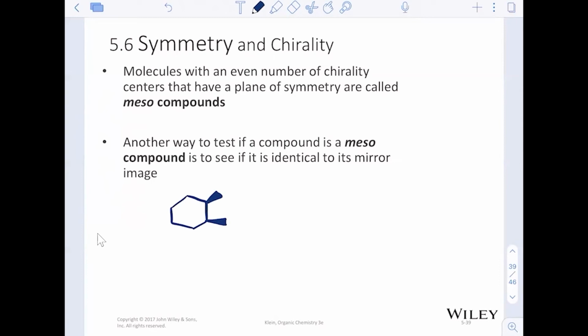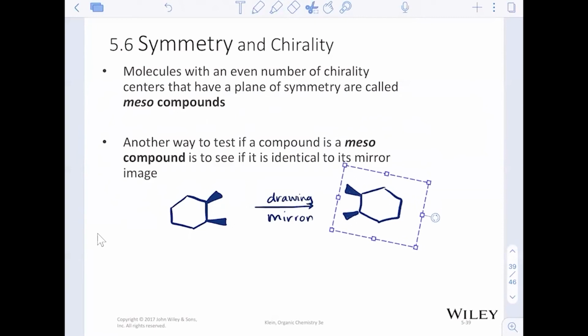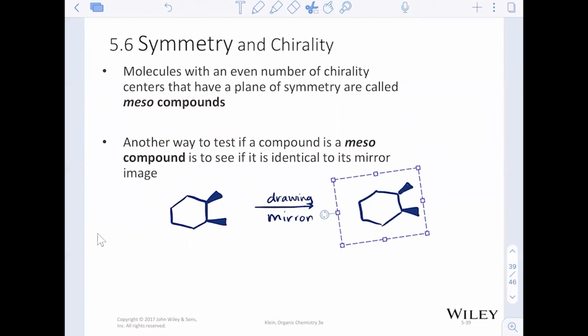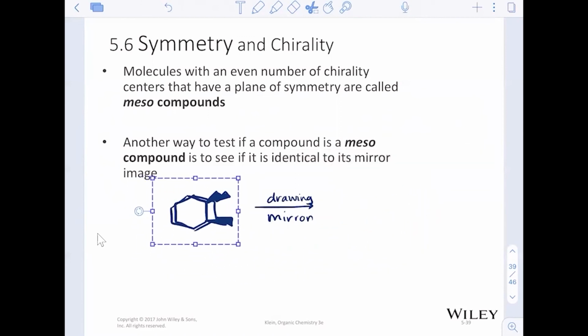Now, let's imagine drawing the mirror image, or drawing the enantiomer. I'm going to draw the mirror image. And then what I really want to do here is one of the beauties of the iPad. I'm just going to rotate this and look, it's superimposable.